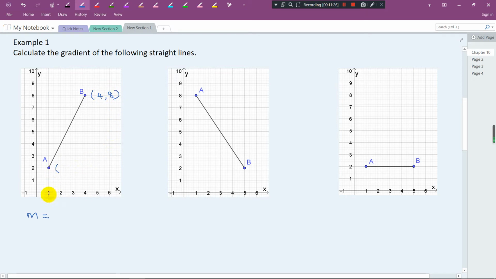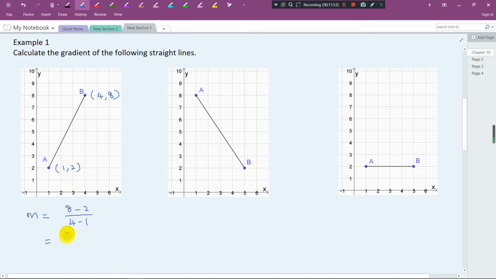So how about this one? 1, 2. Okay, now we have the full coordinates of these 2 points. We can start to calculate. 8 minus 2. If I take 8 minus 2, I go this way. When I do the x part, I have to do the same thing. 4 minus 1.